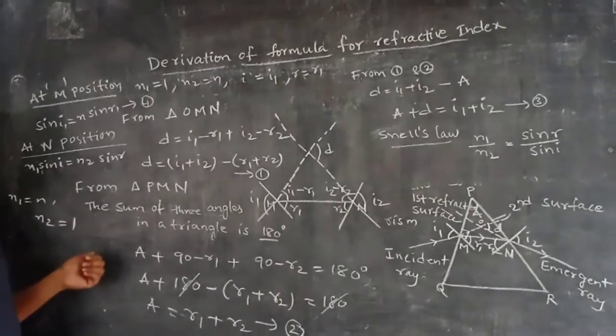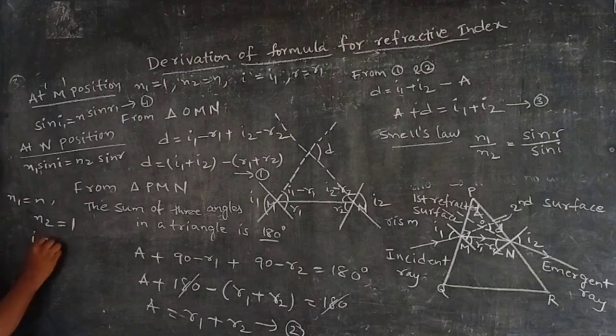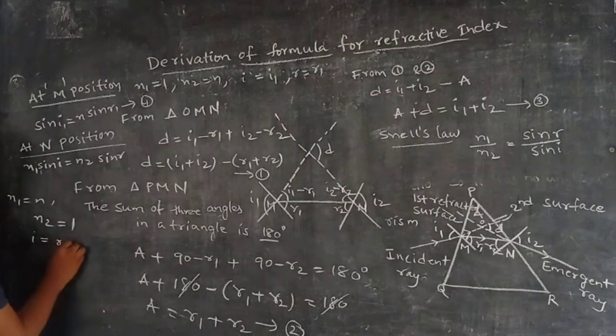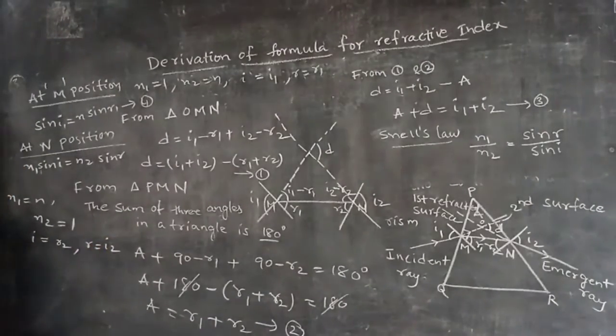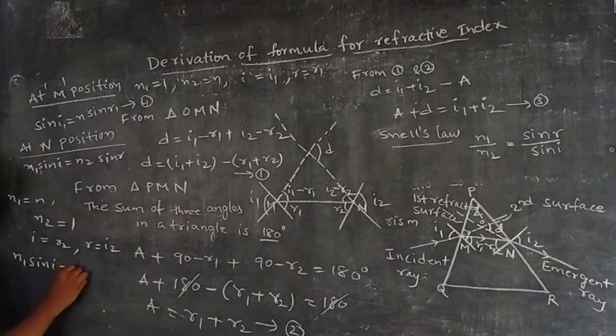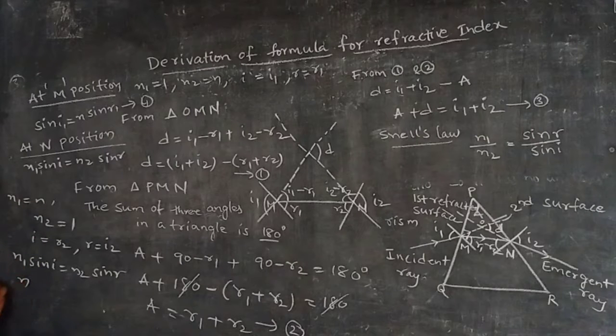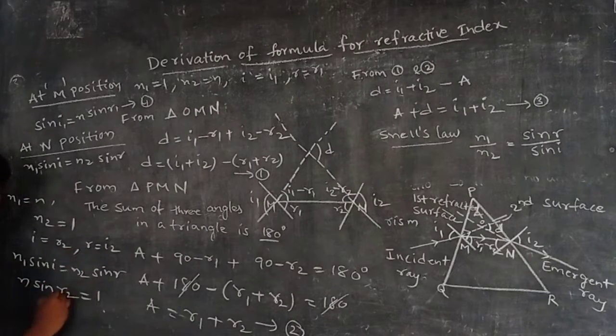So we consider this value as 1, and the angle of incidence I equals r2. By substituting these values in n1 sin i = n2 sin r, we get n sin r2 = 1 into sin I2.